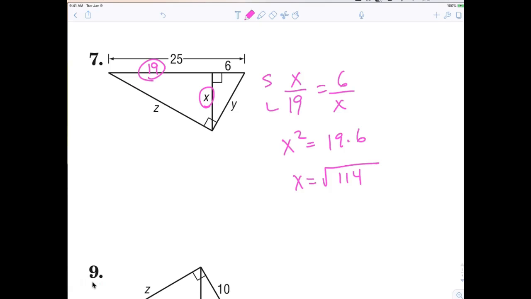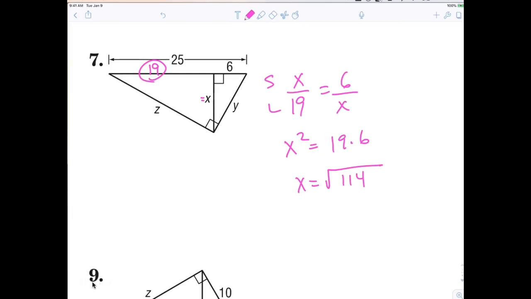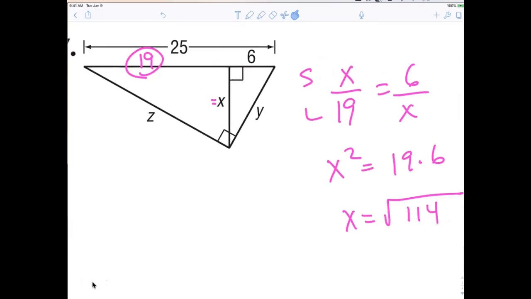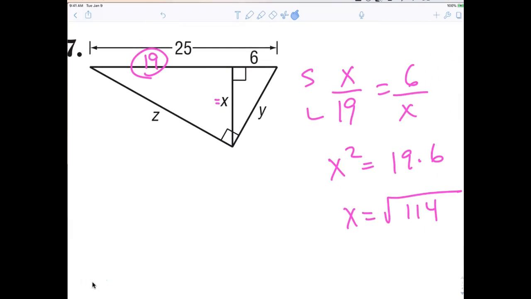Now, this is what I'm talking about. For me personally, please look up. This is the square root of 114. It's already as big as I can get it. Now, z is equal to the square root of 19 squared plus the square root of 114 squared. To me, I just think that's easier.